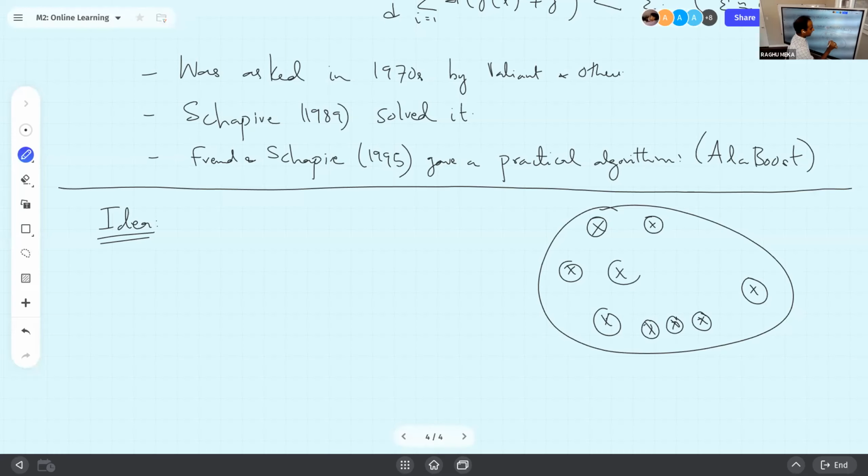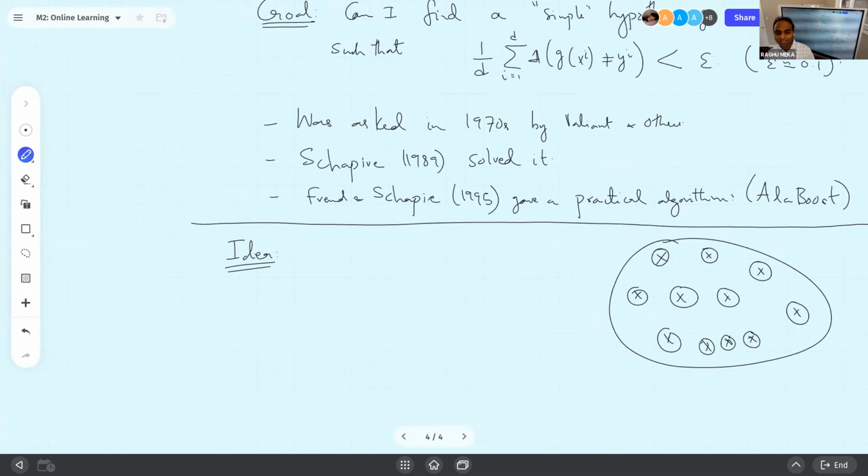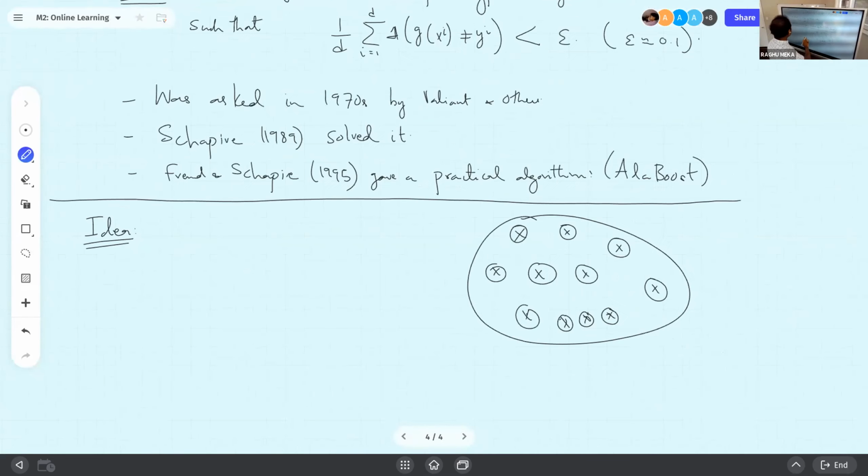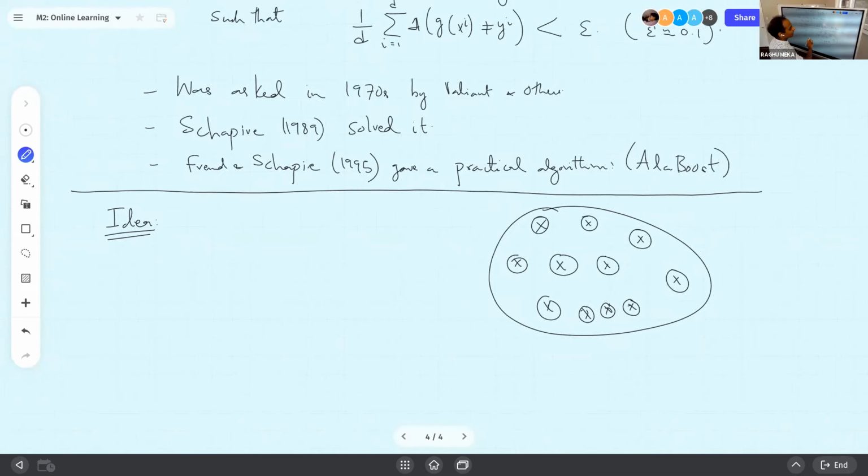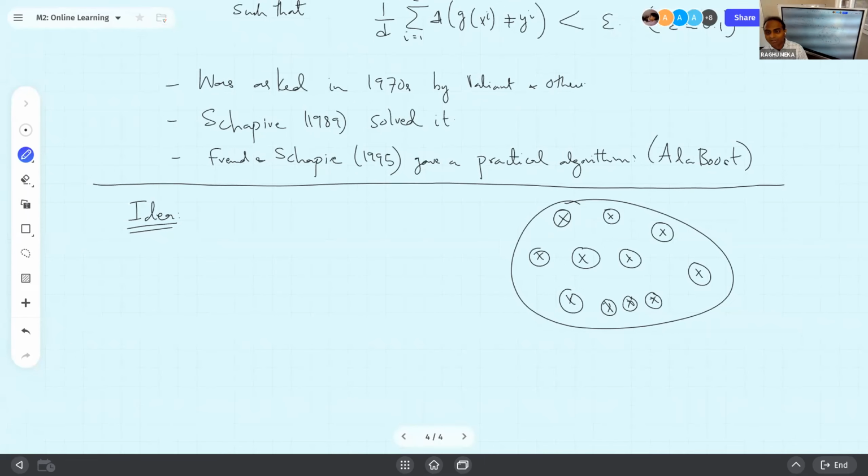Always think of the weak learner as something which gives me a hypothesis which is 51% accurate on any subset of the data set. You give me all examples, I give you something which is 51% accurate. You give me some subset, let's say of half the size, I'll give you something which is 51% accurate on this half the size.